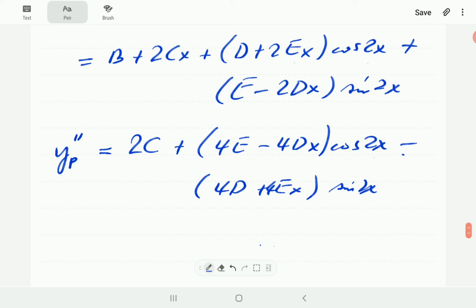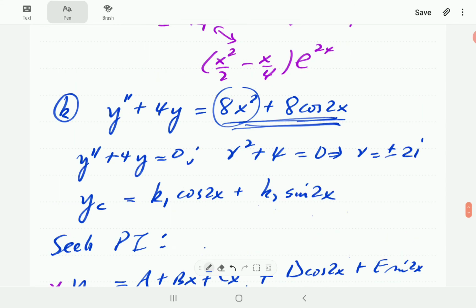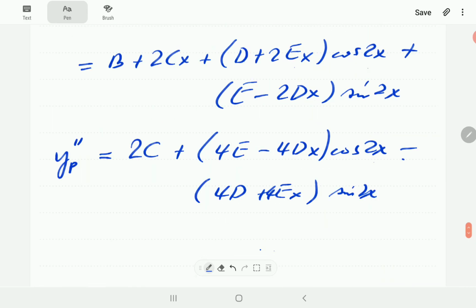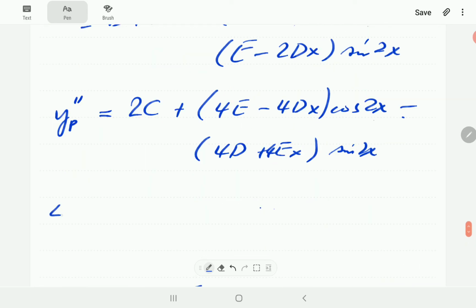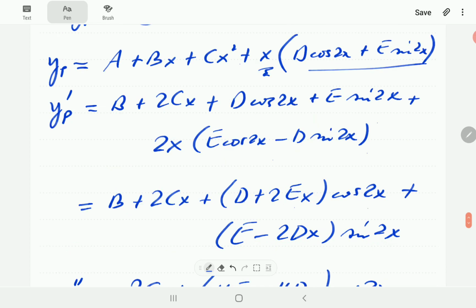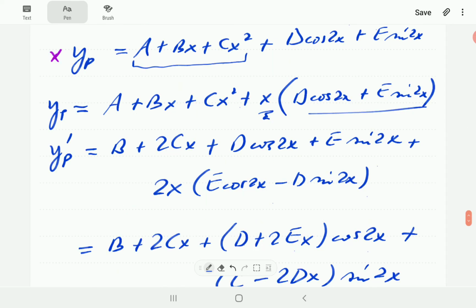Now remember, we need to add these to 4 times yp. So I'm just going to write 4 times yp here. 4yp is going to be, so we're going to multiply this by 4.